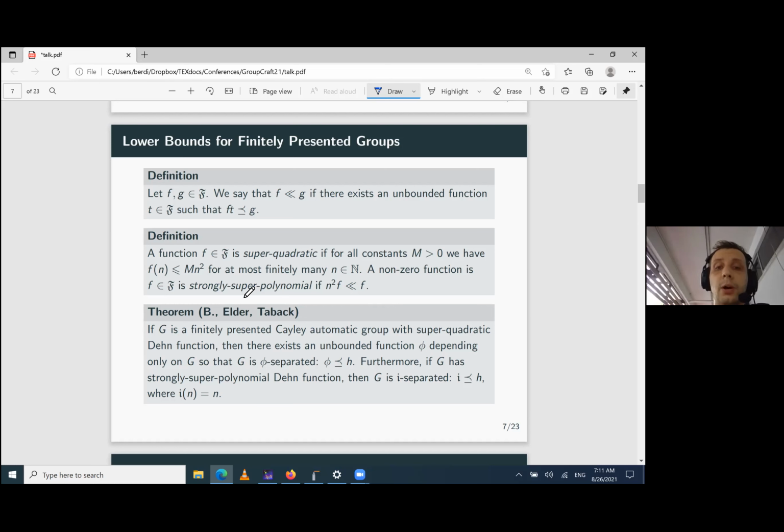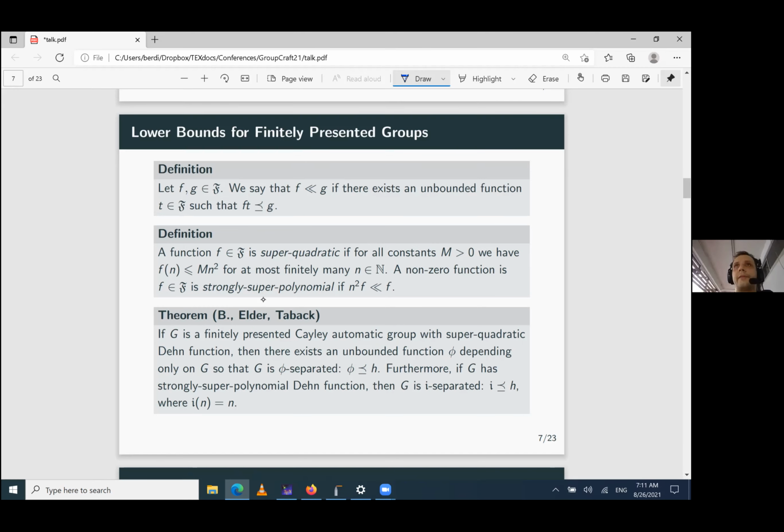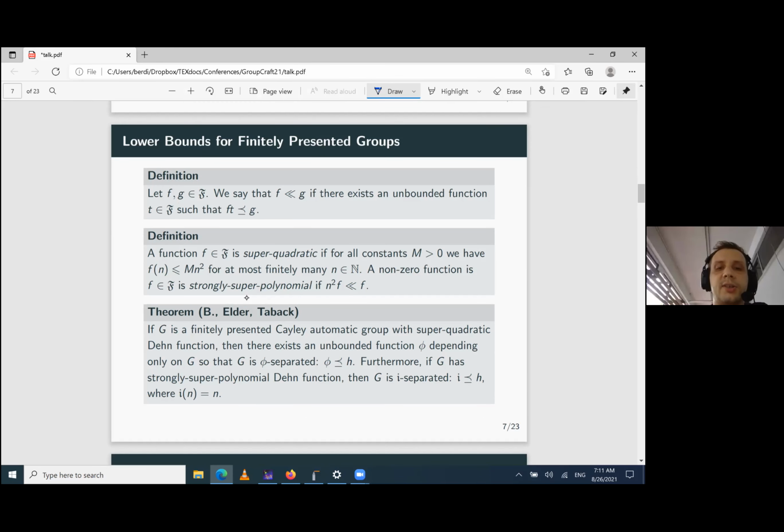And even more, if your Dehn function is strongly superpolynomial, right? So it's very close to, but a little bit different from the classical definition. But anyway, it's very close to it. Then you can say that your Cayley distance function, so these gaps, are bounded from below by the identity function.